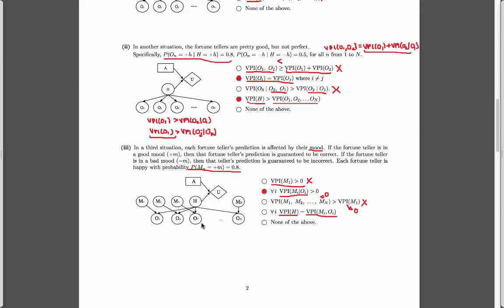However, if you know the mood is unhappy, then you know that their prediction is incorrect, and therefore you also know the exact value of H. So regardless of which fortune teller and mood you have, as long as i is equal to i, this statement is correct because the information about the mood and the prediction is the same as the information you gain from knowing H. So this is true. And that is it for question 1.